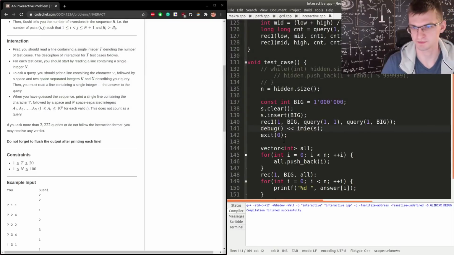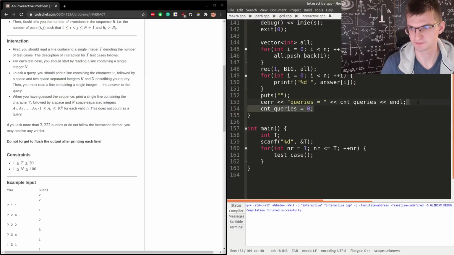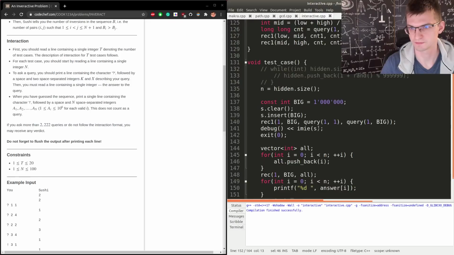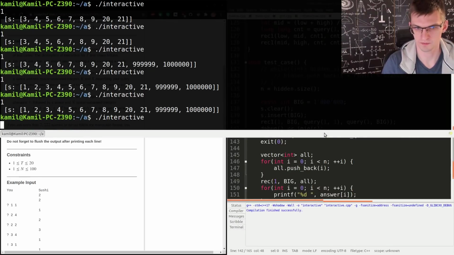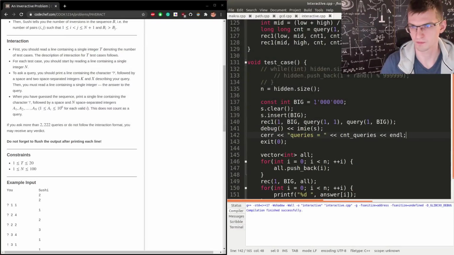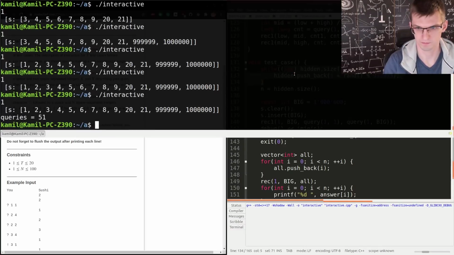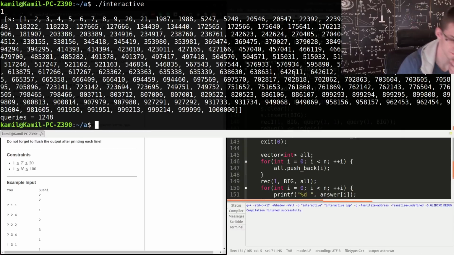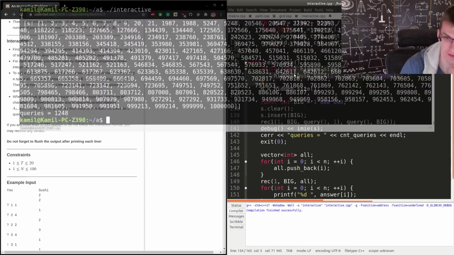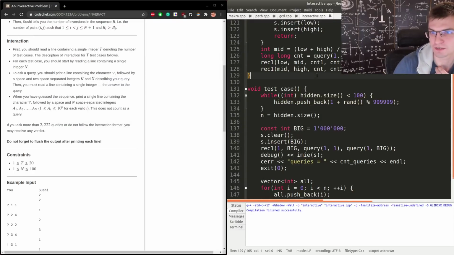How many queries? I think it should be n plus log. That's a lot. That's a lot.